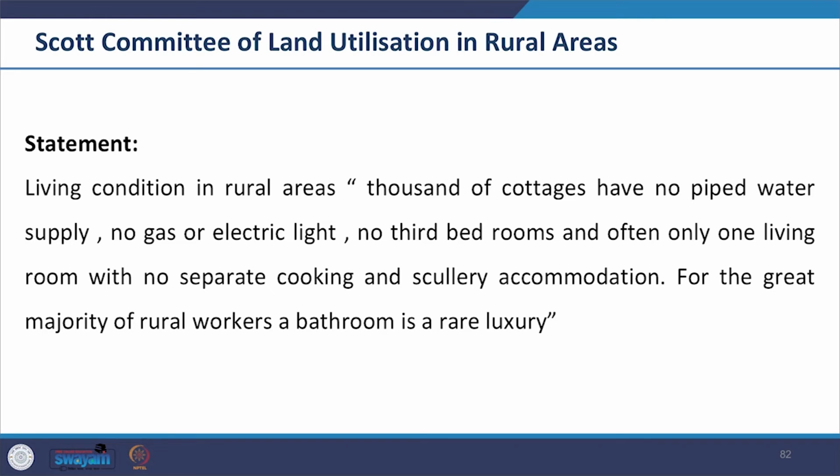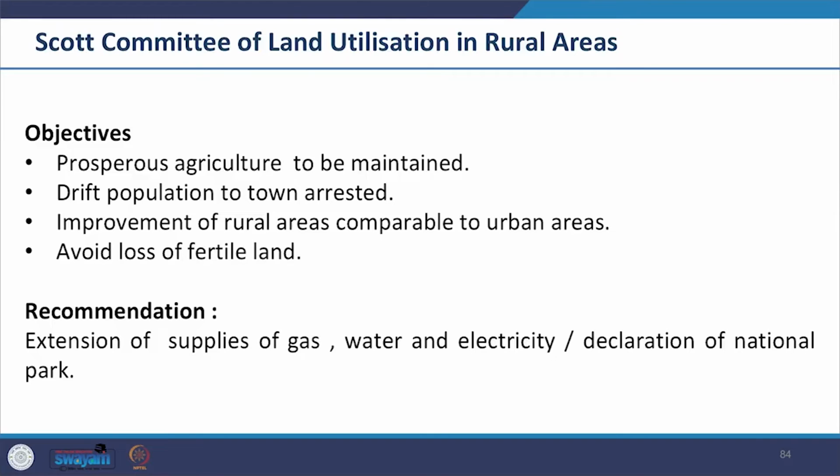So, this was the condition at that time in the rural area, and the purpose of this particular committee was to look into how agriculture can be improved and maintained, and also to arrest the shift of the population from rural to the urban areas, and then how the rural area could be improved compared to the urban areas, and also how to avoid the loss of fertile land.